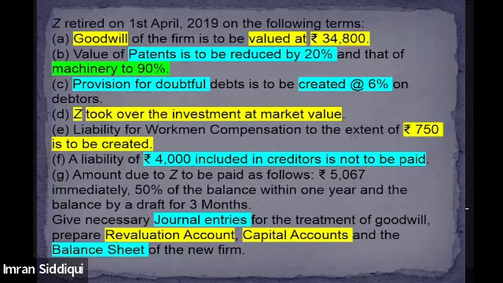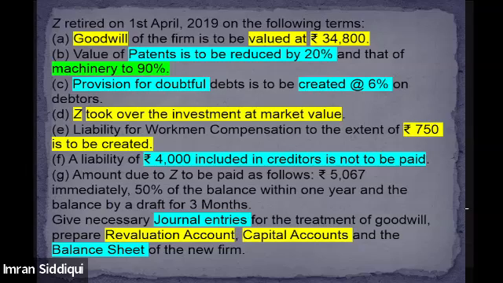So the total amount due towards Z is 10,892, right? My answer is not tallying. I think I have made a mistake again somewhere.